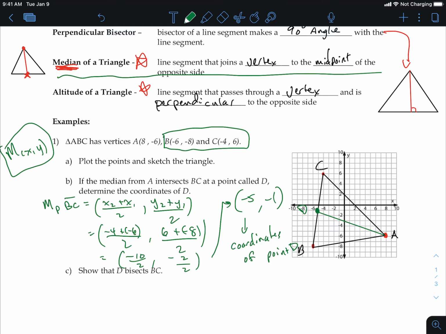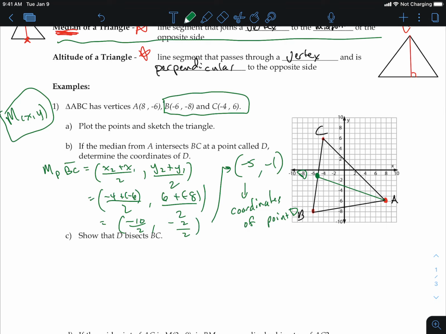Okay, let's keep going. Show that AD bisects BC. What are we going to do? So it wants to know that D actually bisects BC.